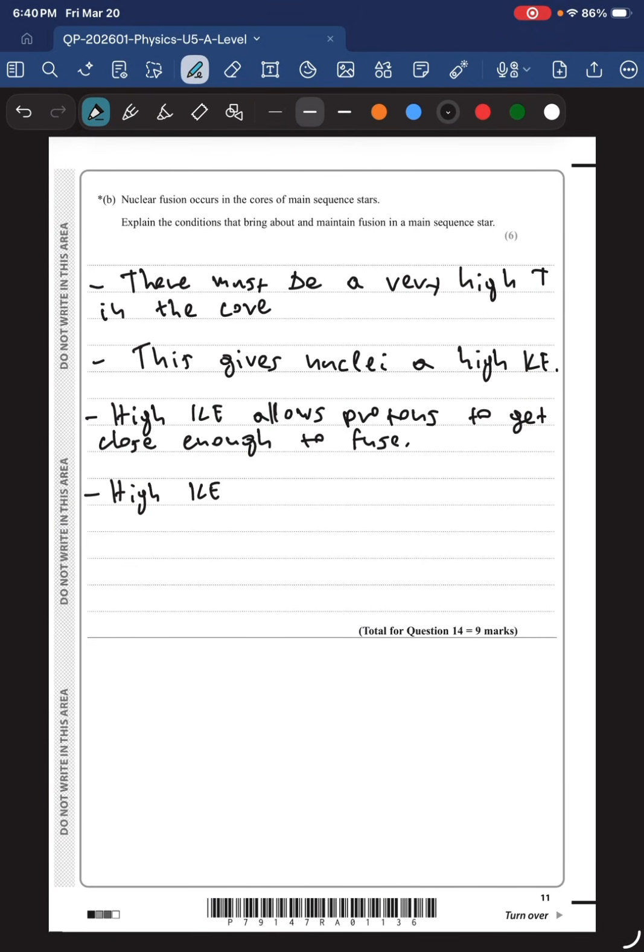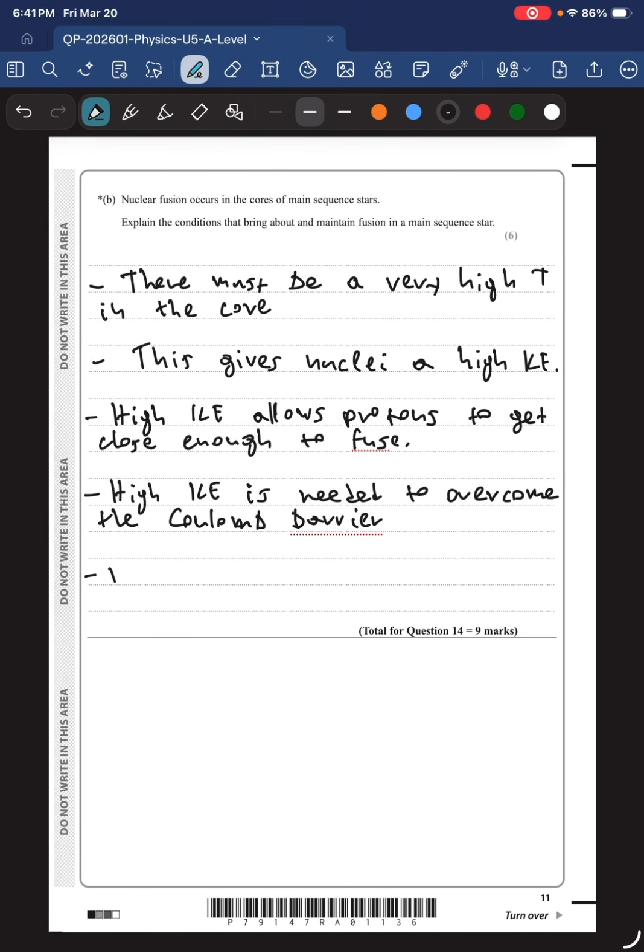High kinetic energy is needed to overcome the Coulomb barrier between the protons. I mean the repulsion, right? Because they repulse each other.